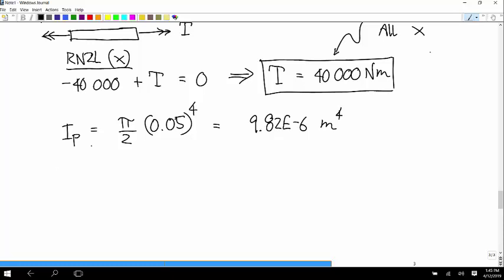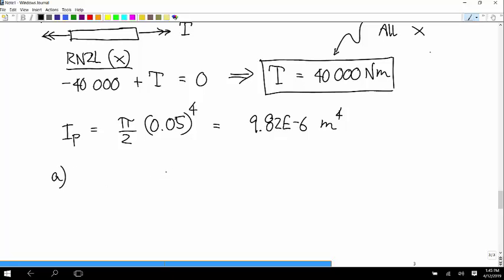This is the polar moment of inertia we're going to use for both A and B. That represents the whole cross section, okay? And so now I can split it up into parts A and B.